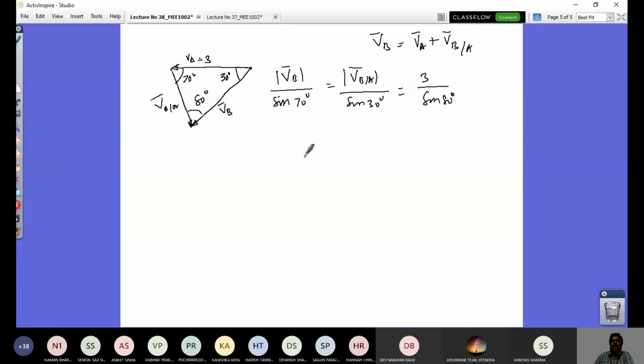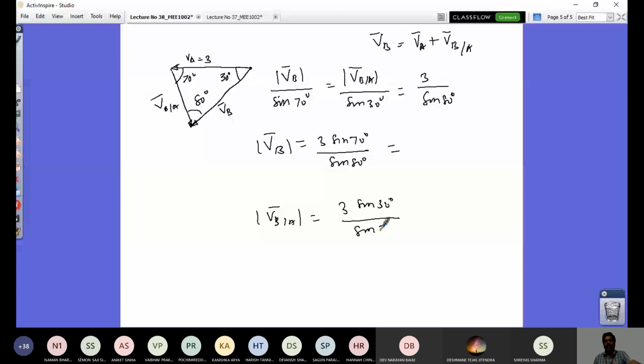So it is going to give me VB. That's one of the questions. So VB magnitude will be 3 sine 70 by sine 80. And VBA is 3 sine 30 by sine 80.